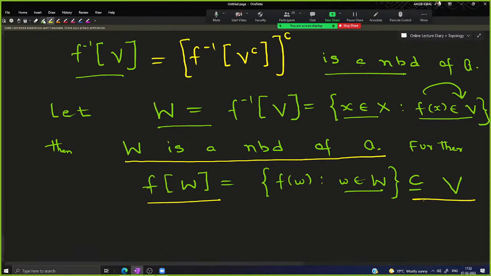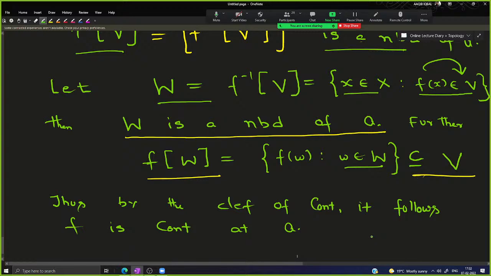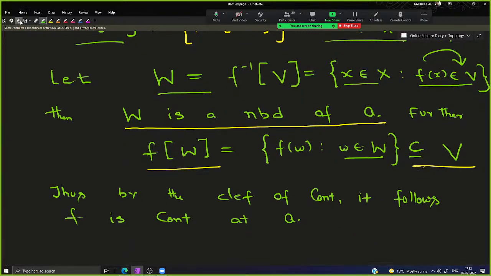f is continuous. Where is it continuous? Thus by definition of continuity it follows the function f is continuous at A. Now this A has been chosen arbitrarily.